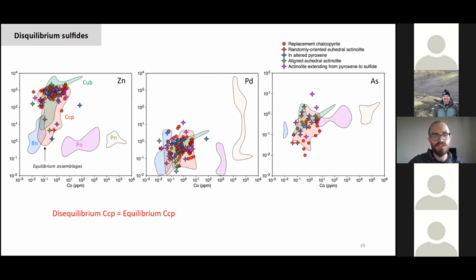But what we can actually see, based on the overlap between data points and the chalcopyrite field, is that the non-equilibrium chalcopyrite is compositionally quite similar to the equilibrium chalcopyrite.